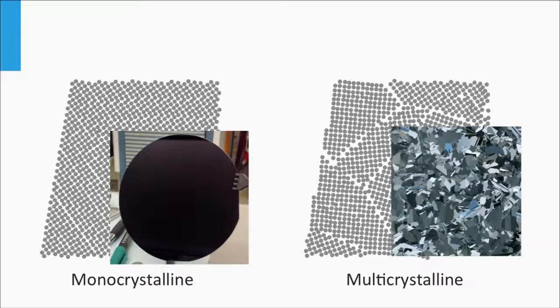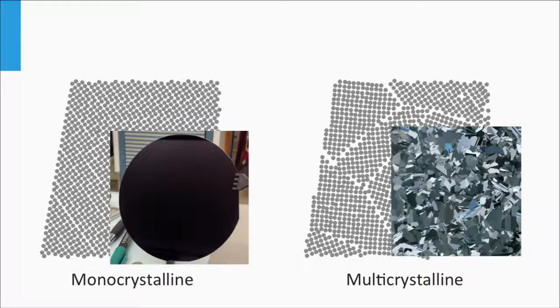Here you see two pictures of monocrystalline and multicrystalline wafers. Monocrystalline silicon wafer has one uniform color, whereas in multicrystalline silicon the various grains are clearly visible for the human eye. At the grain boundaries we find lattice mismatches.